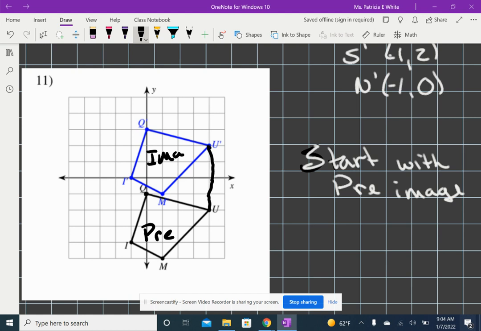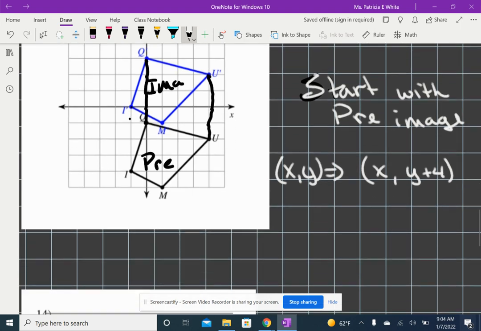From Q to Q prime, we went up 1, 2, 3, 4. From I to I prime, we went up 1, 2, 3, 4. None of the X's are changing, but all of the Y's are going up 4. So my rule, the coordinate XY, is going to go to X stays the same, Y plus 4.